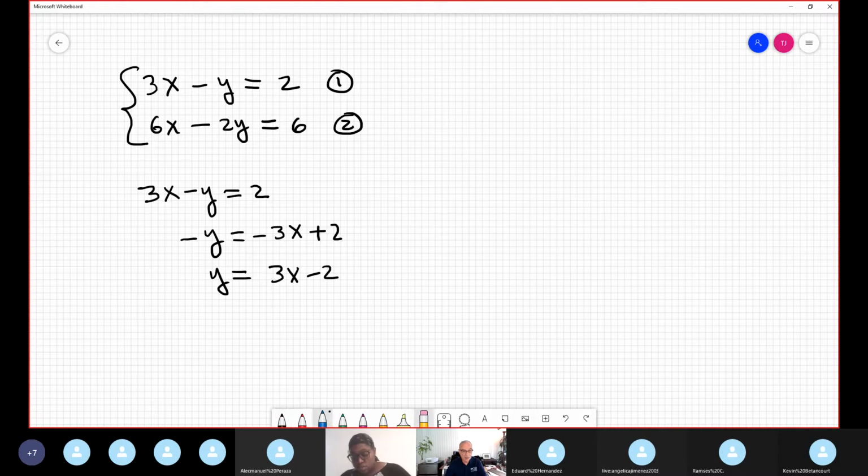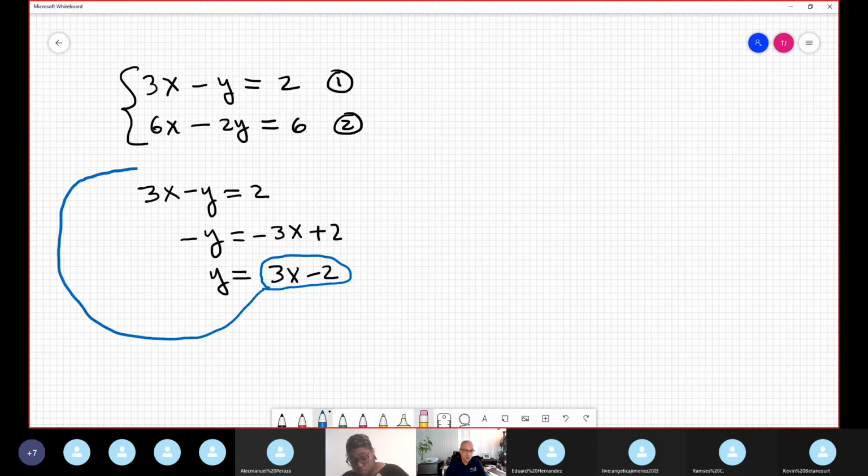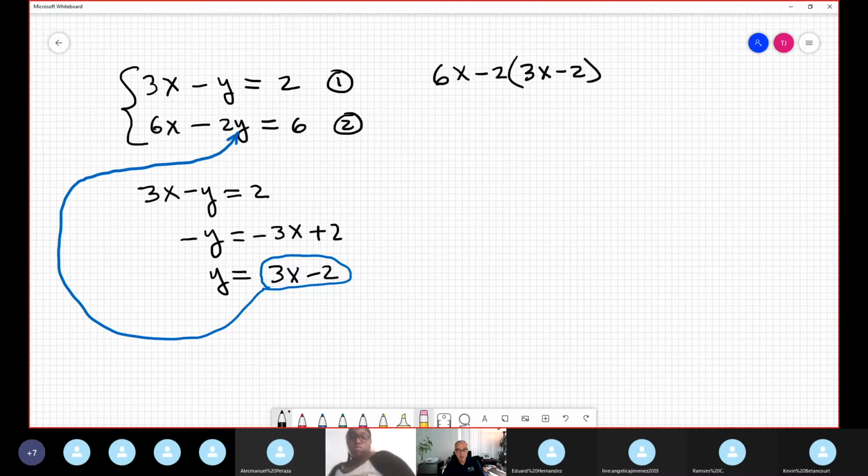Now I take this expression I isolated from the first equation and use substitution in the second equation. Here we have 6x, I copy the second equation, minus 2 times the binomial, parentheses mandatory, 3x minus 2, equals 6.